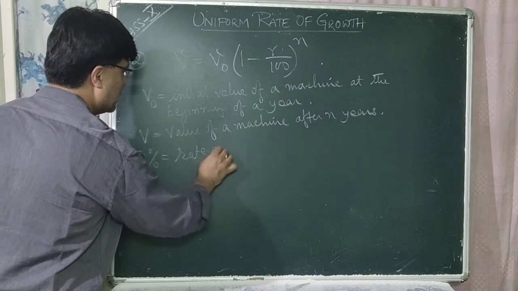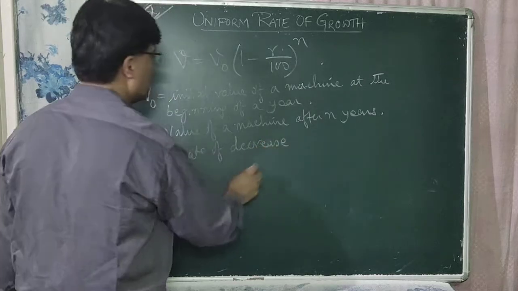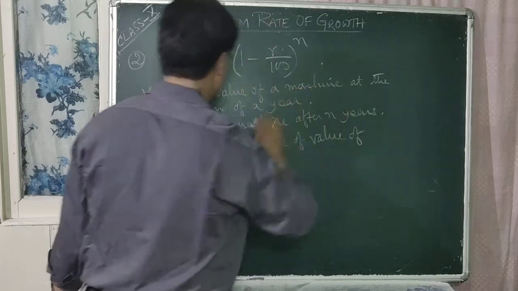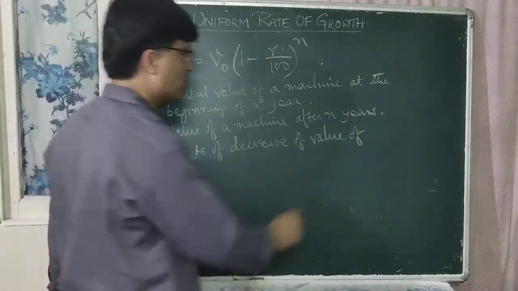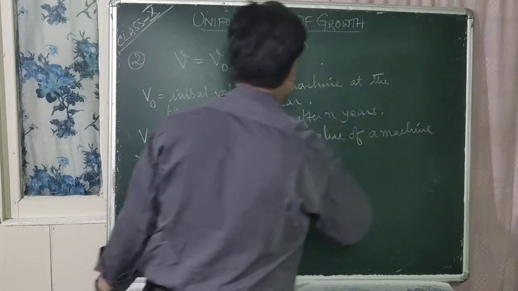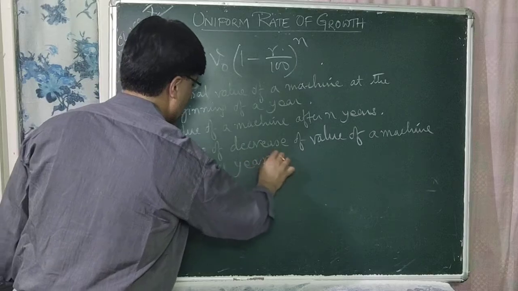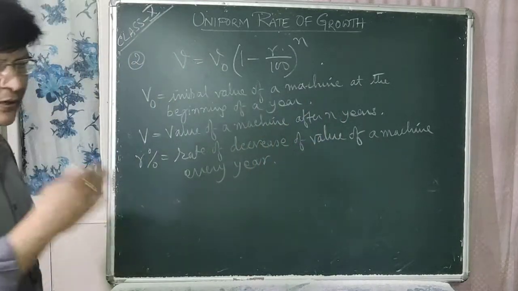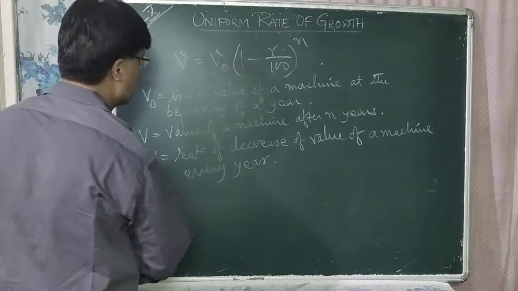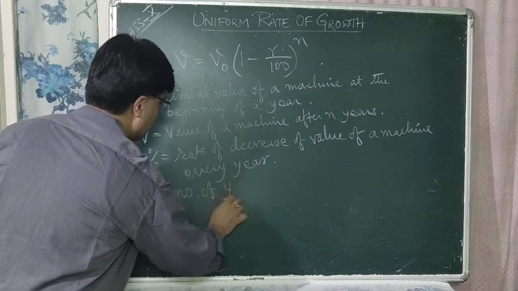Rate of decrease of value of a machine every year. So this is constant. Every year R percent decrease continues. Okay? This is R percent and what is N here? N is equal to number of years.